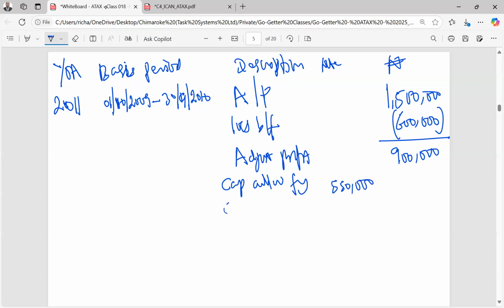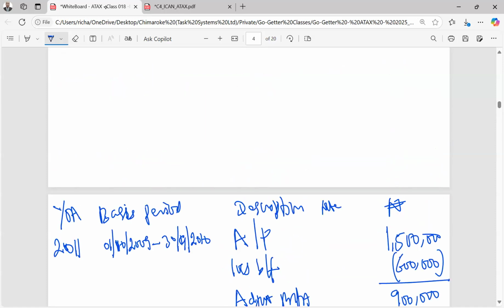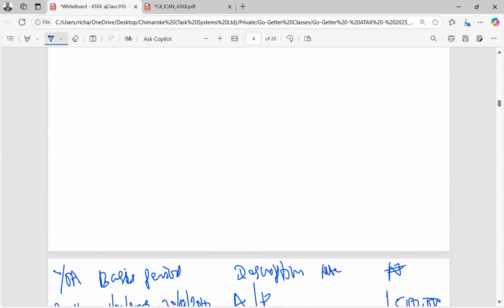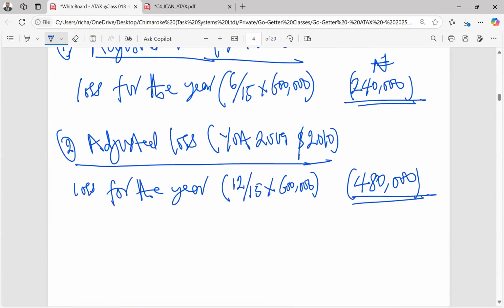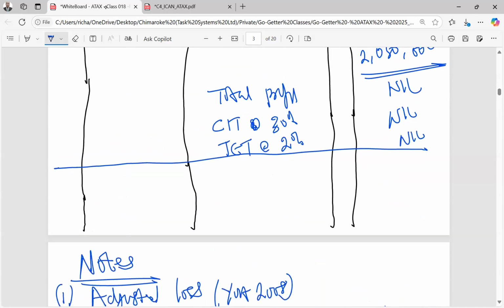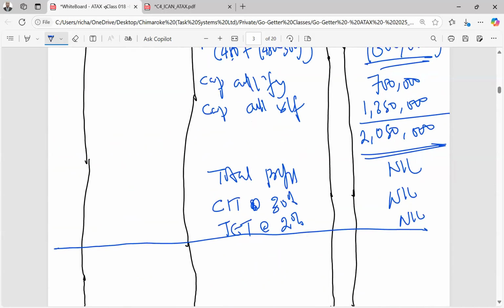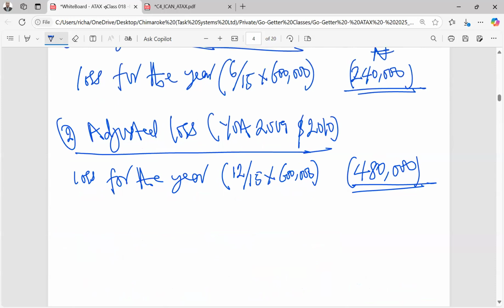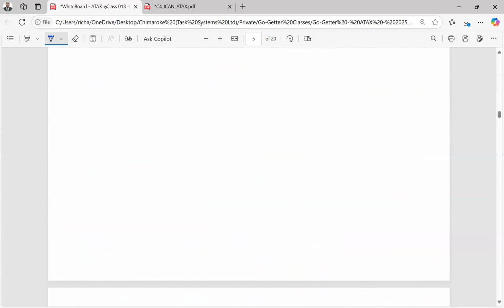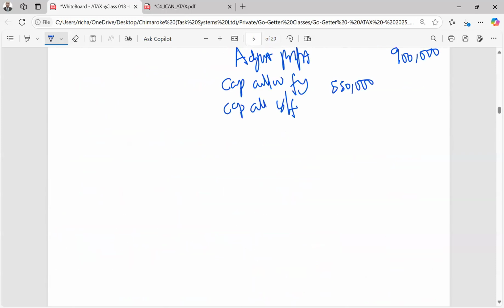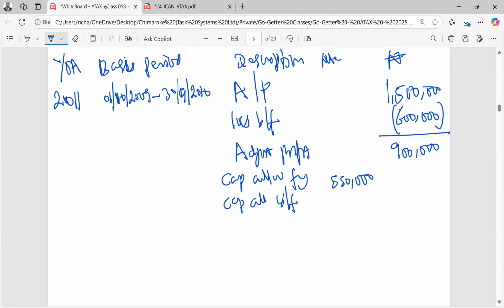Then capital allowance brought forward. We have a capital allowance brought forward from last year. We have it here to be 2,050,000. So we're going to bring it down here. So let's write that 2,050,000.